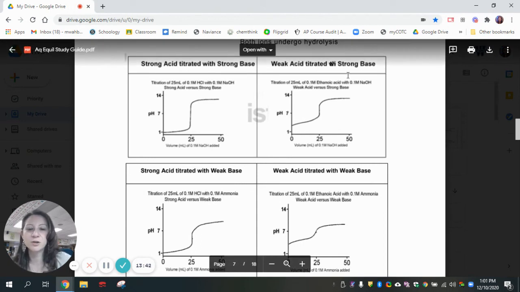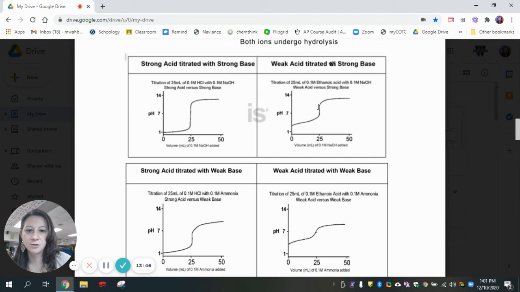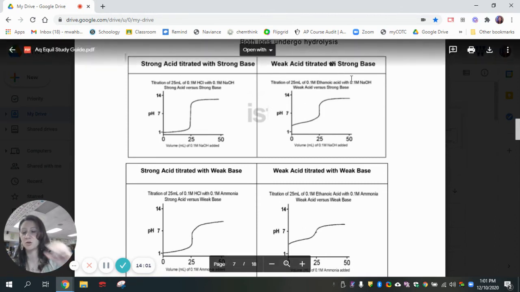This one's a weak acid with a strong base. And so your inflection points are here and here. An inflection point is where the curve turns, right? And so halfway between the inflection points is right there. You can see that that's a pH a little bit higher than 7 because it's a weak acid, strong base. So your anion at the end can undergo hydrolysis to give off hydroxides, and so your pH is larger than 7.